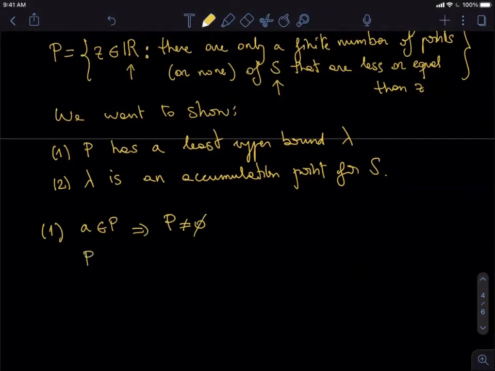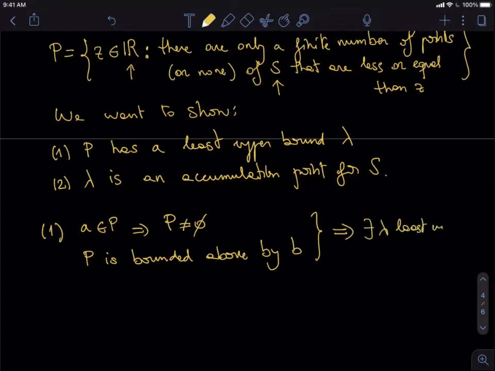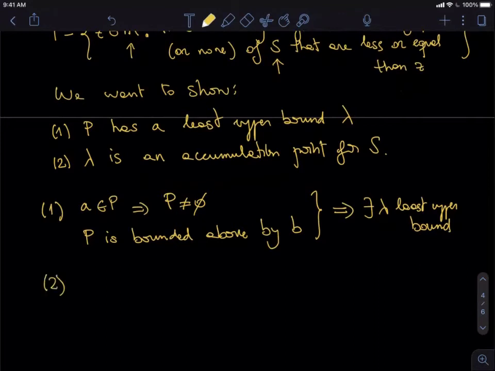But now, P is bounded above by B. Remember, B is an upper bound for our infinite set S. This is true because the elements of S are less than or equal to any upper bound of S. Because of these two, because it's not empty and it's bounded above by B, there exists lambda that is a least upper bound. There we go.